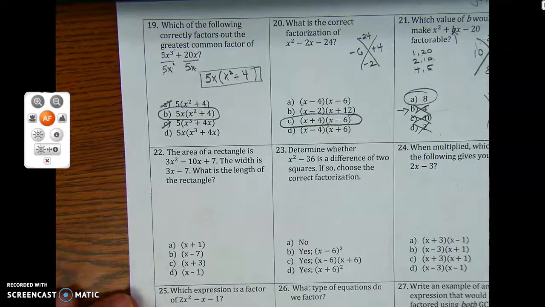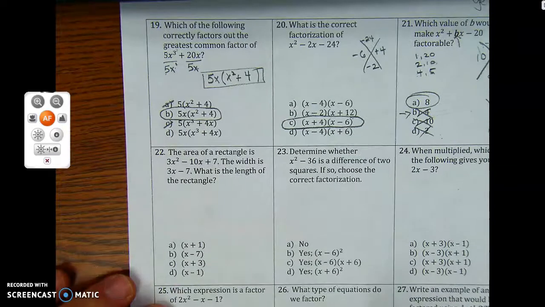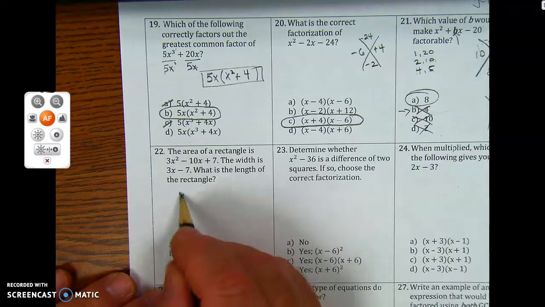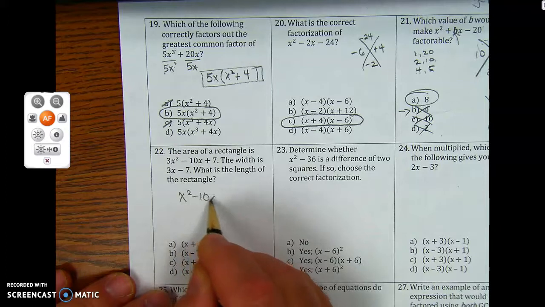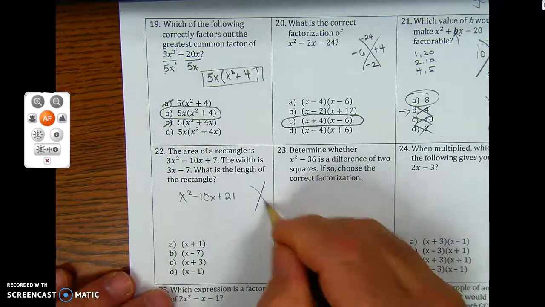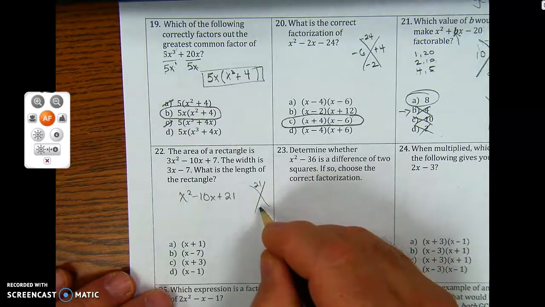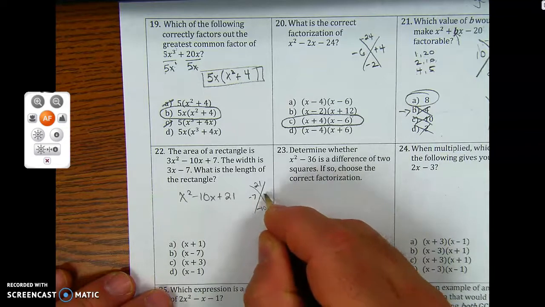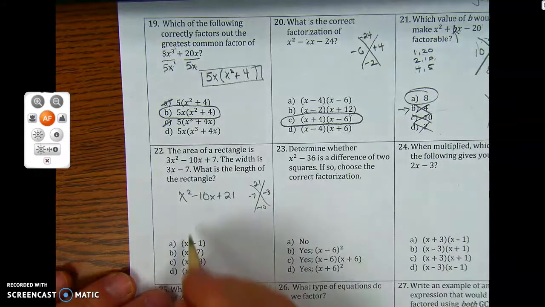The area of a rectangle. So bottom line is I got to factor this. I get x squared minus 10x plus 21 when I multiply A times C. So I go 21 here and I go -10 here. That's -7 and -3.